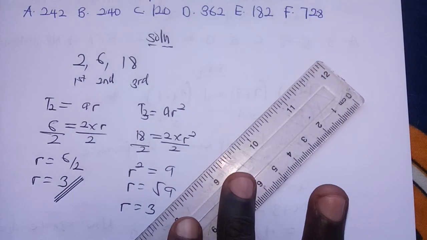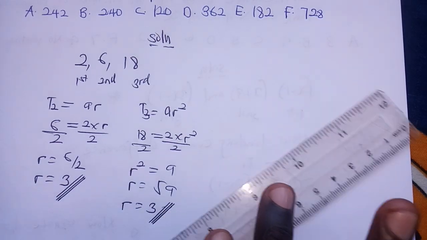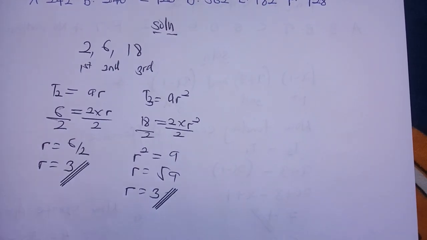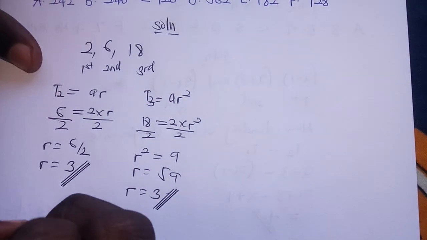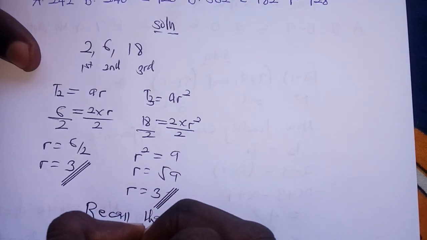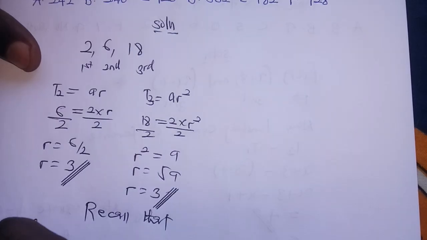So now since we have our common ratio, but the question says we have to find the sum of the first 5 terms. Now to find the sum, let's recall the general formula.